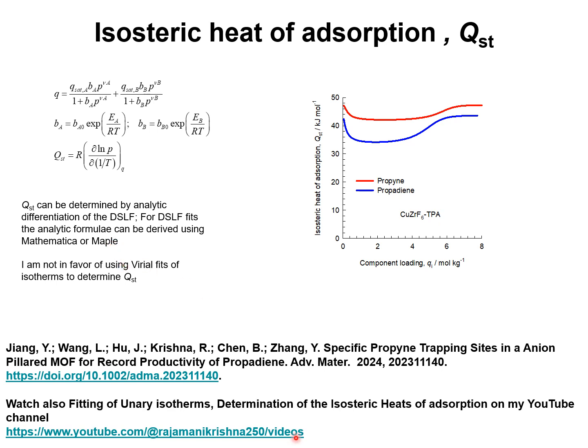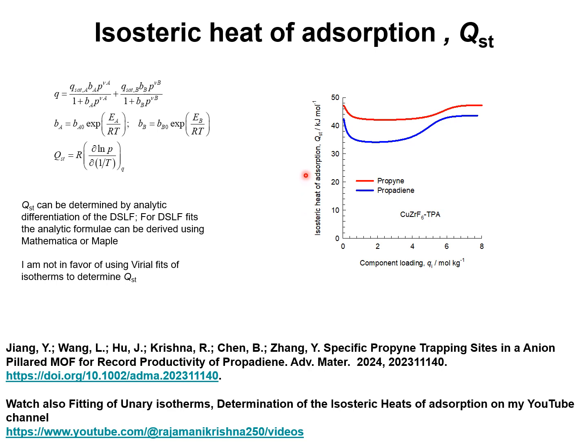As I have stressed in previous video presentations on YouTube, I do not like the use of virial fits of isotherms to determine QST. The most convenient and proper procedure for determination of QST is to use isotherm fits with temperature dependent parameters.